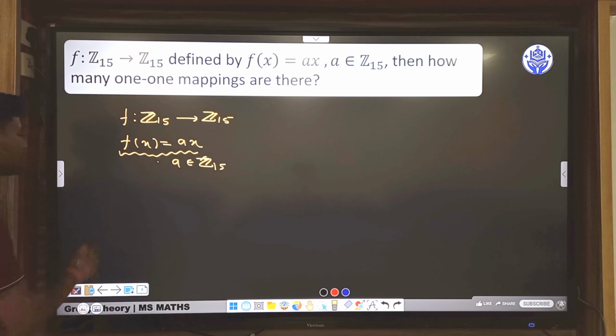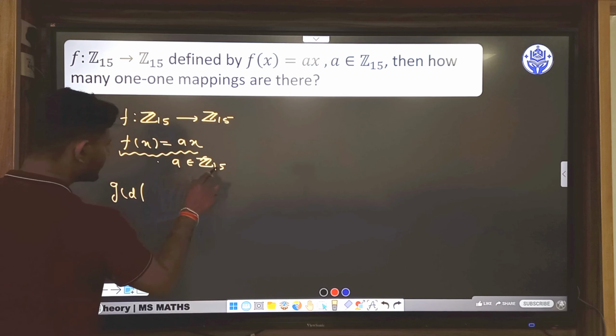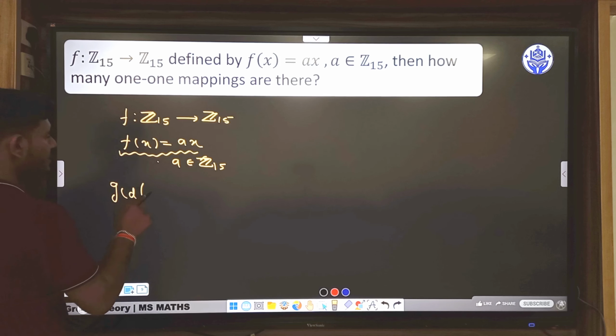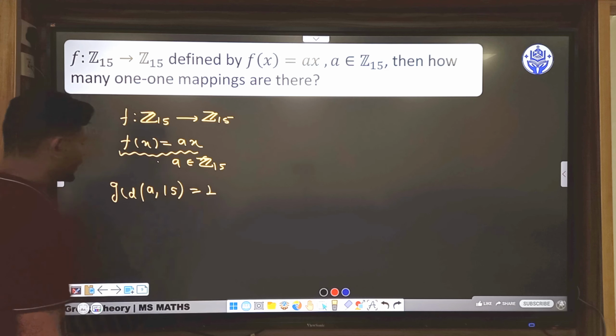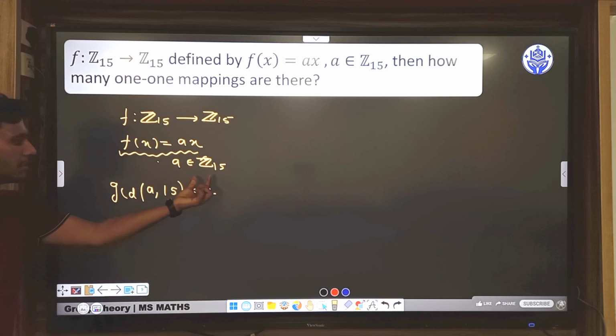How can I find? I will just take the GCD of this a with 15 equal to 1. Can I find a from this particular Z15? Yes, I can find. Whatever my a is here, a will be 1. If a is 1, then the GCD of 1 and 15 will be 1.